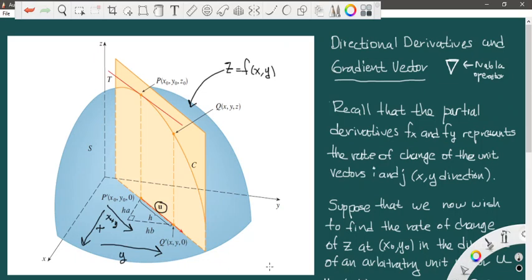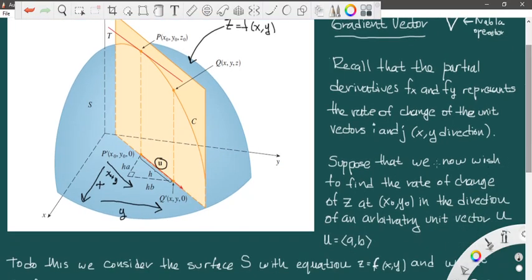Okay, so let's move on with this. Let me change the color again. As a recap, the partial derivatives with respect to x and y, as we see here, represent the rate of change in the direction of the unit vectors i and j.